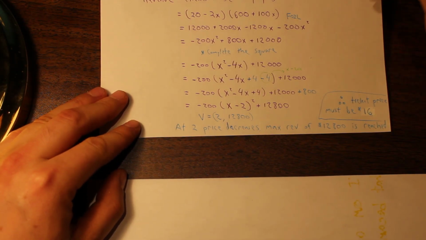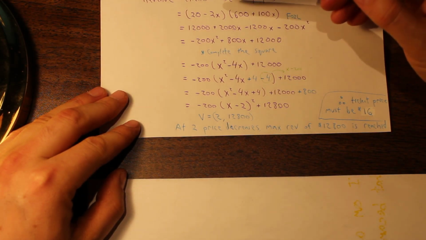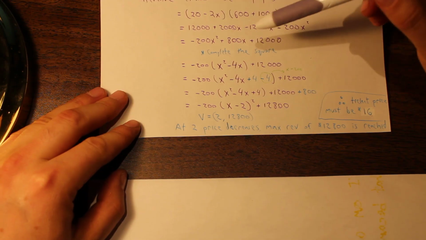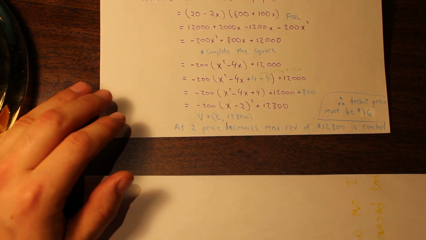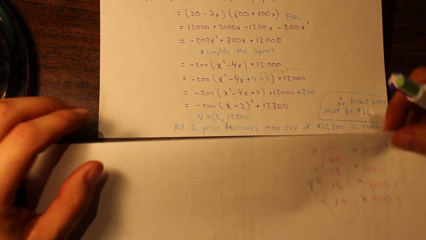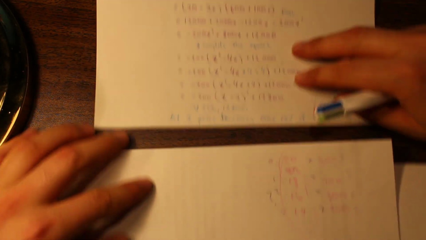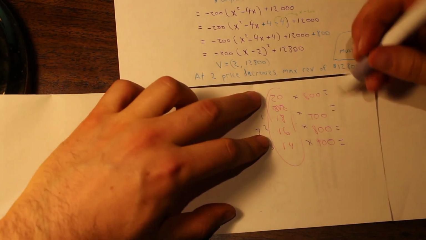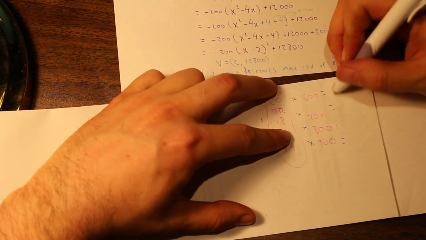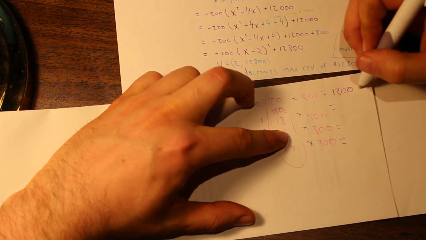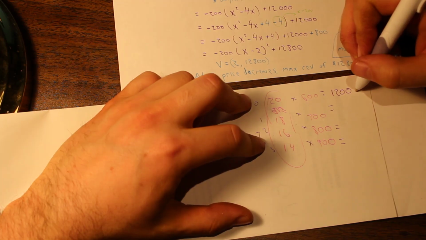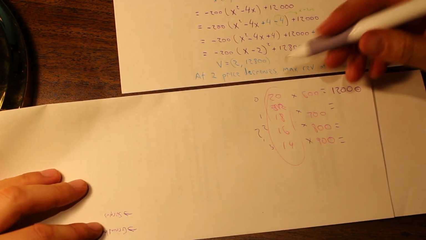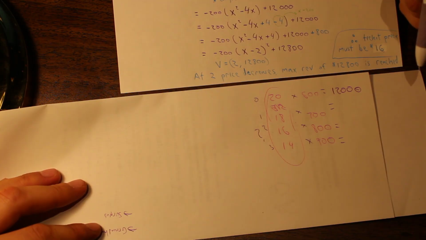However, the question is asking, what is the ticket price that results in the greatest revenue? The ticket price starts off at $20. But what happens? Let me sort of do it this way. At $20, you're going to make $12,000. 20 times the 600 people.